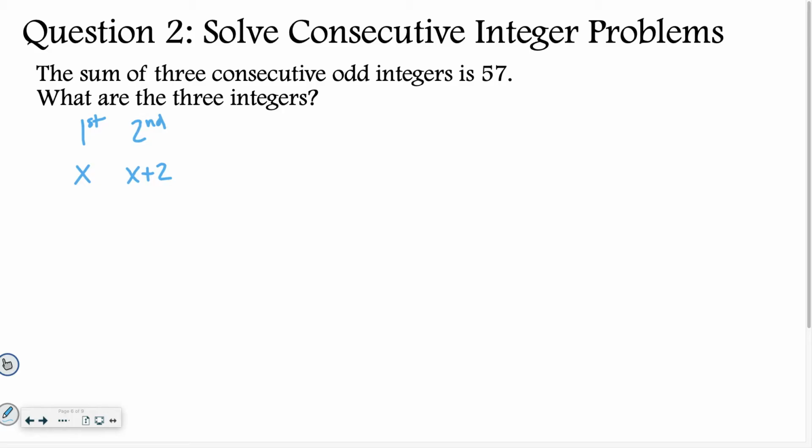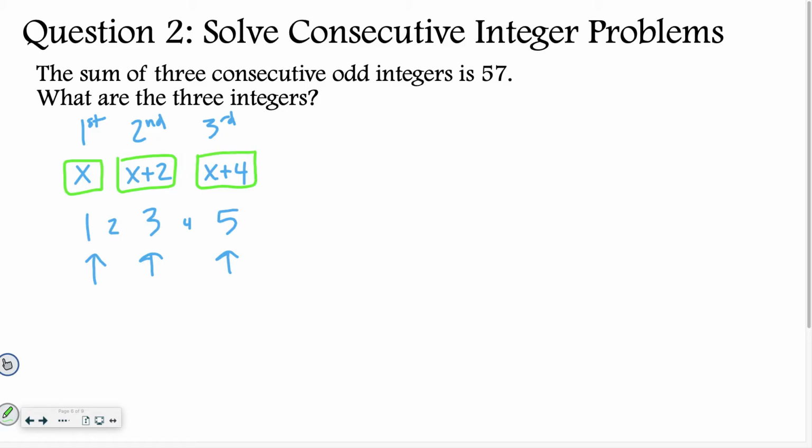Because I have to skip that number. And then my third term, I would have to skip 4 numbers, because if I was talking about 1, 2, 3, 4, 5, these would be my odd integers, right? And the way I get to them is by using x, x plus 2, and x plus 4.